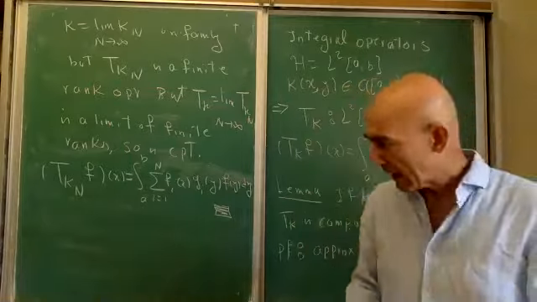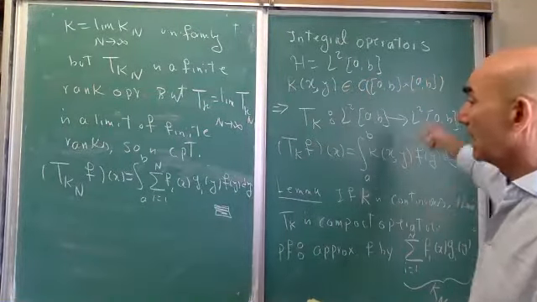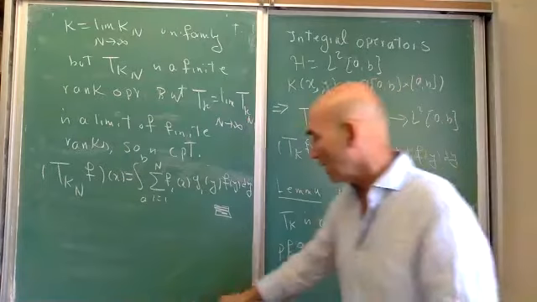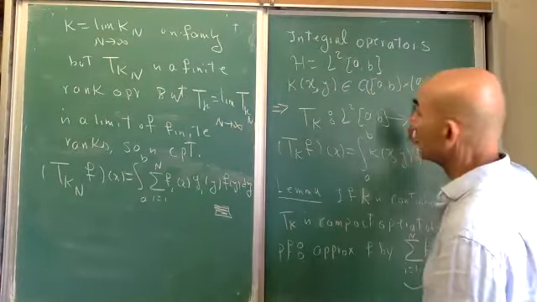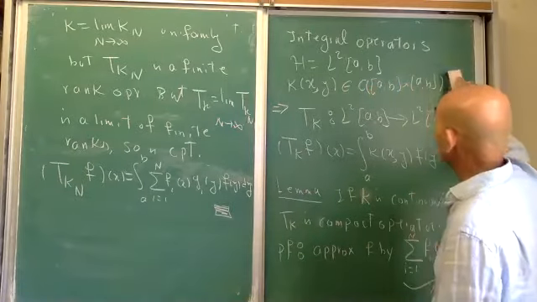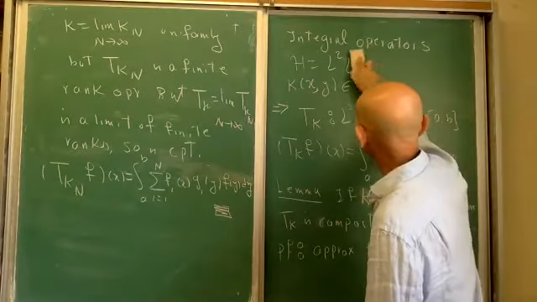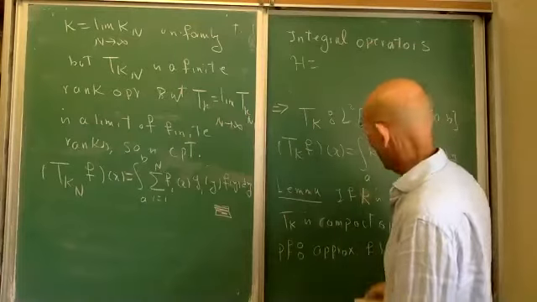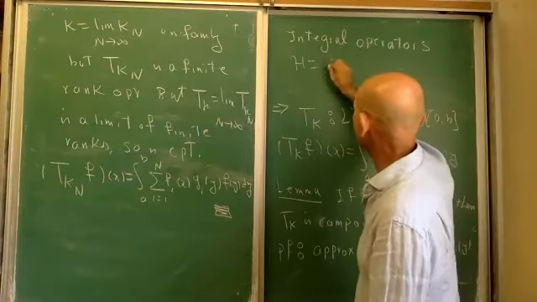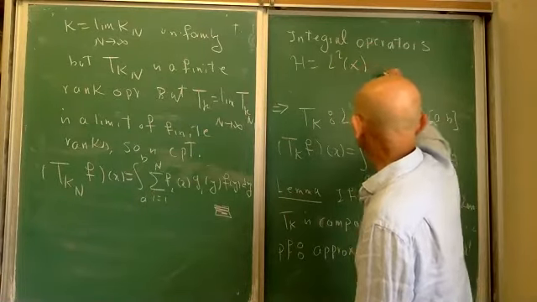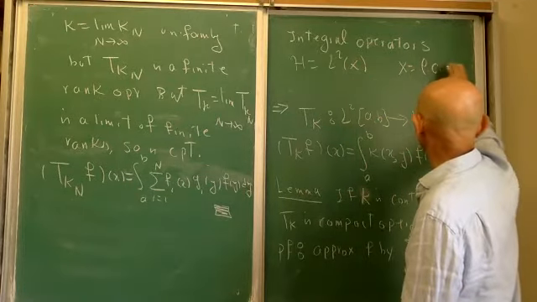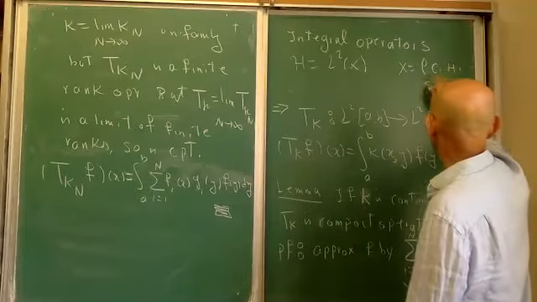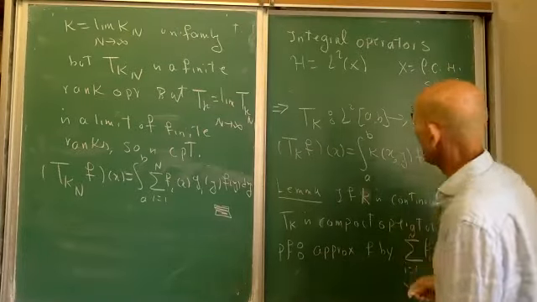So as I said, you can extend this idea vastly. In general, this idea works like this. You can take H to be L2 of X, say X a locally compact Hausdorff space, for example.